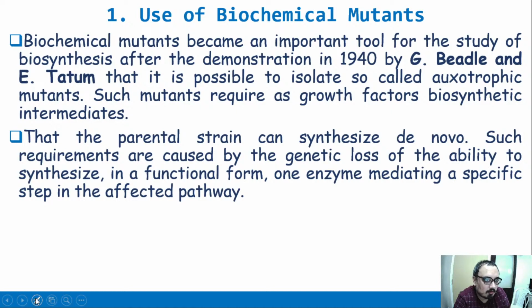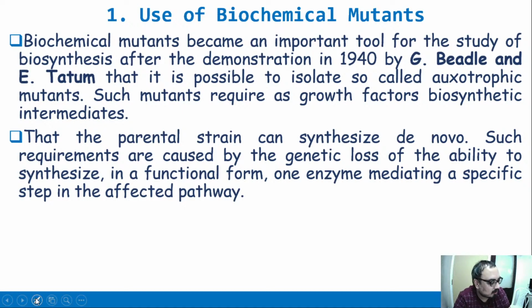As you all know, they gave one hypothesis, the one gene, one enzyme hypothesis, from which it was possible to carry out other elucidations of the pathway. They were not directly involved in the pathway, but their work helped other scientists go forward with the elucidation of the pathways. It was because of them it was possible to isolate auxotrophic mutants.